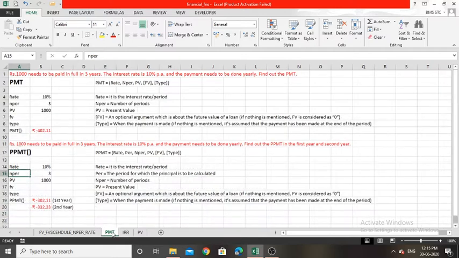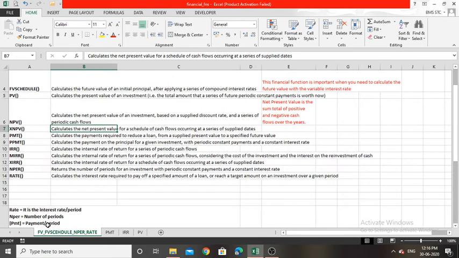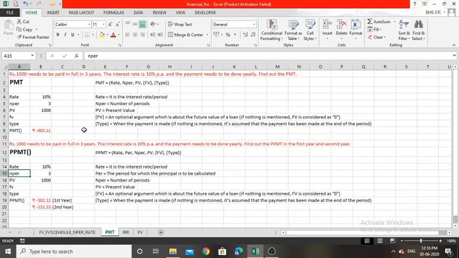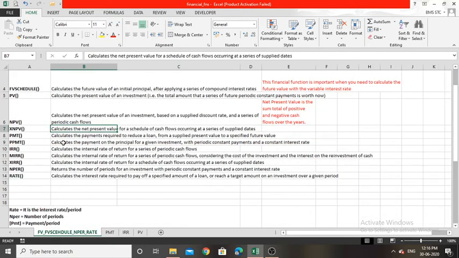Okay. Next, move on to the PMT function. So PMT refers to what? Payment per period. There are a few more functions like PMT, PPMT, so let's look at these two functions. PMT refers to payment per period. It calculates the payment required to reduce a loan from a supplied present value to a specified future value.